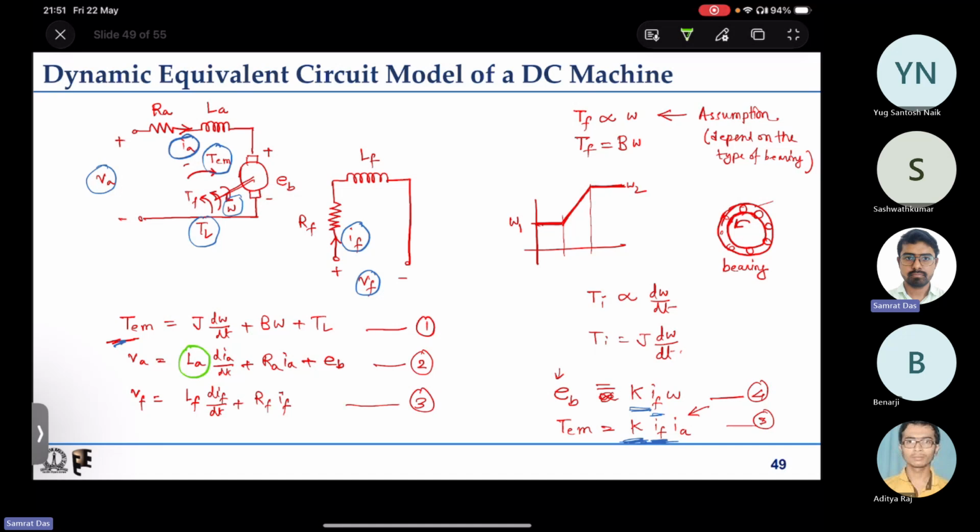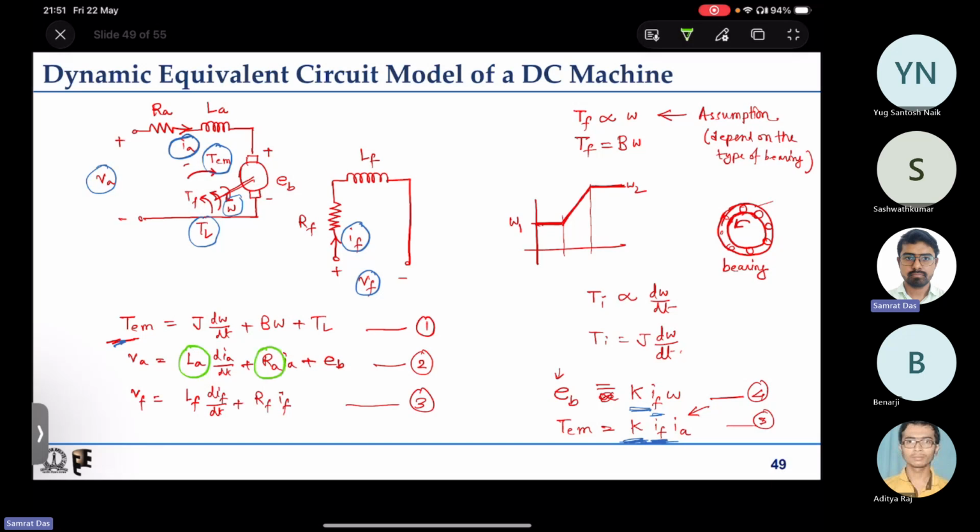But we have seen that the dependence of La on rotor position is quite weak. So for all practical purposes of analysis, the variation in La is quite negligible, it is a quantity whose value does not change largely with the motor rotating. So La is one of the parameters of the system whose value is a constant here.